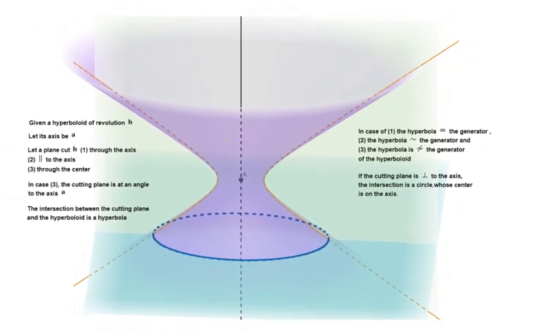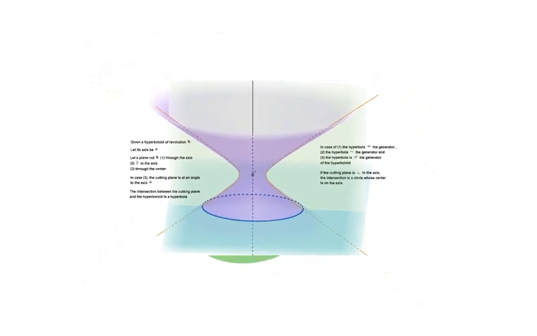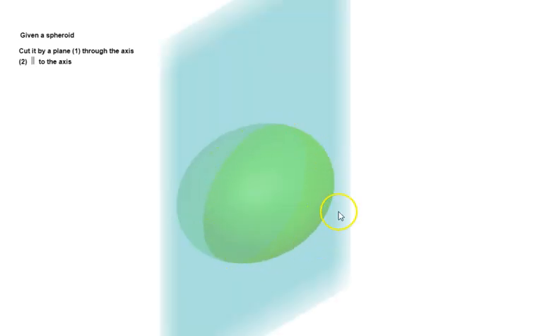Now the third part of the proposition says, given a spheroid, if we cut it by a plane, we'll cut it either through the axis or parallel to the axis. So let's cut it, as of now, through the axis.